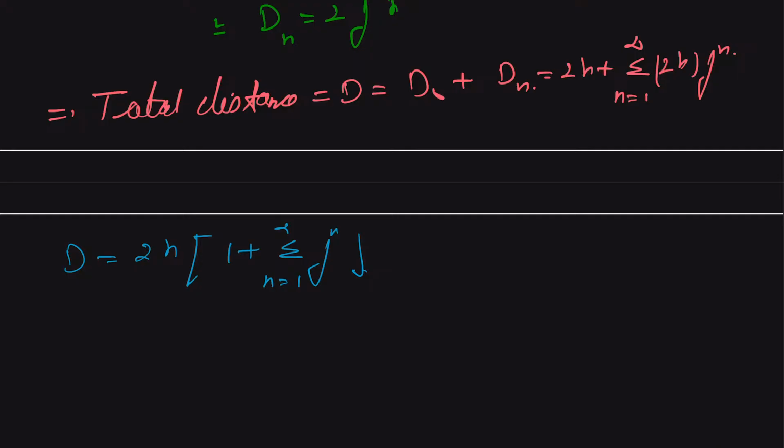Okay. And we can solve this summation, which is quite easy. Summation n from 1 to infinity of f raised to power n will be equal to f plus f squared plus f cubed and so on. Okay. And this will be equal to f upon 1 minus f.